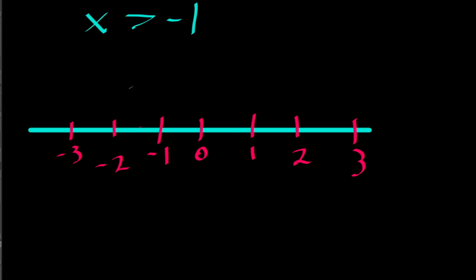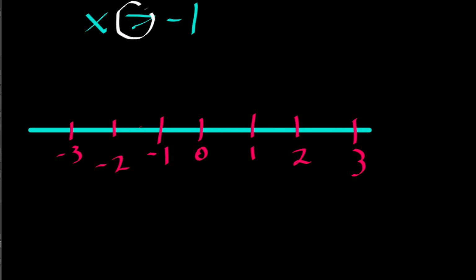All right, so now let's go through this process again. If x is greater than -1, that means my solution has to start at -1. So that's where my first point's going to go. So let's go to -1, and we're either going to have an open circle or we're going to shade it in. Okay, now see if you can figure out which one it is.